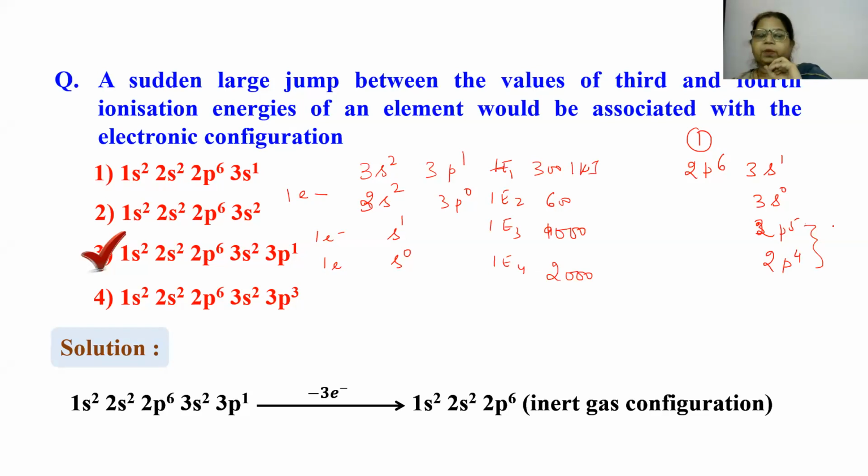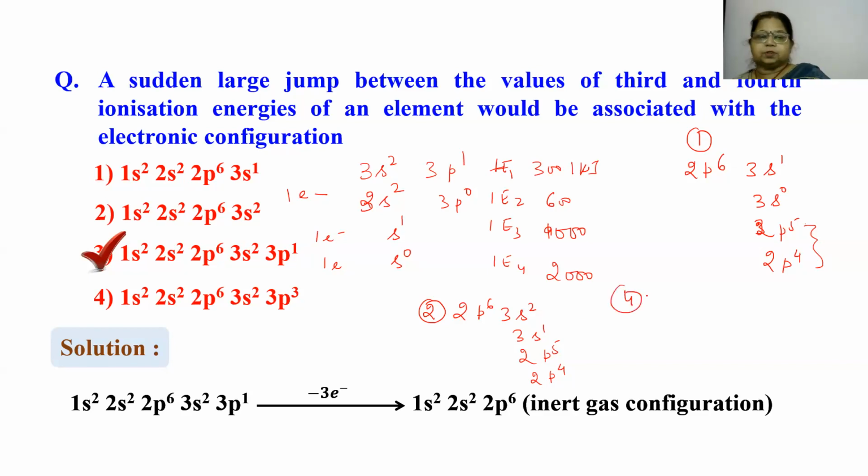So there won't be a very high gap between the third and fourth ionization enthalpies. Now, talking about the second option, which has 2p6, 3s2, it will decrease like 3s1, then 2p5, then 2p4. Again, 2p4 is not stable, right? So it is not going to serve the purpose.